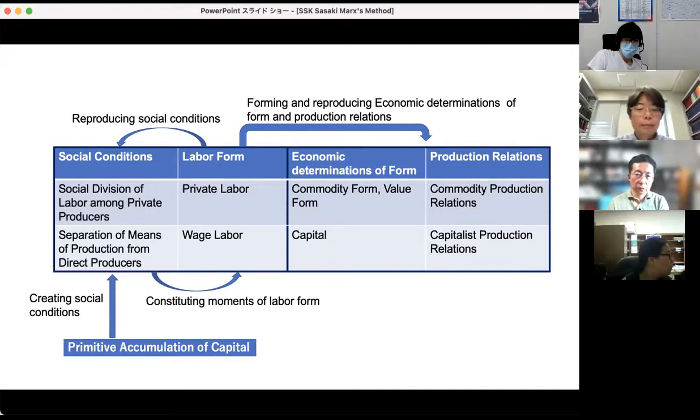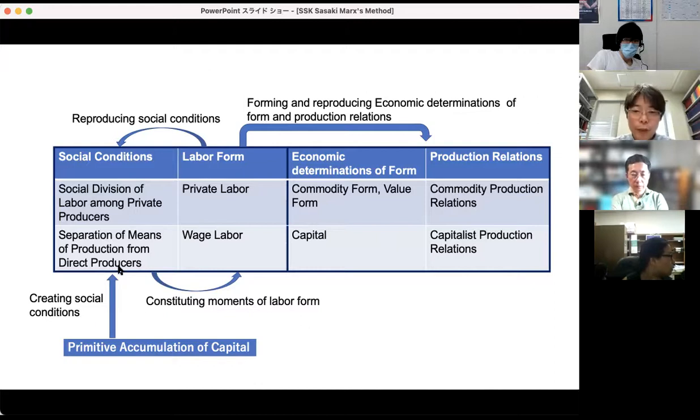And therefore, I think labor form must be the starting point. Why must labor form be the starting point?